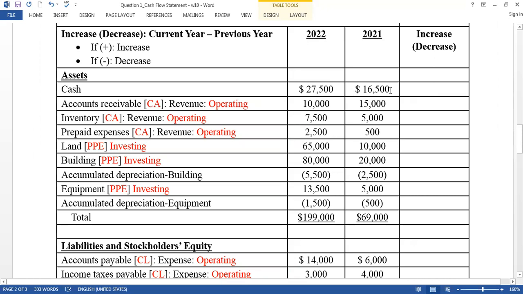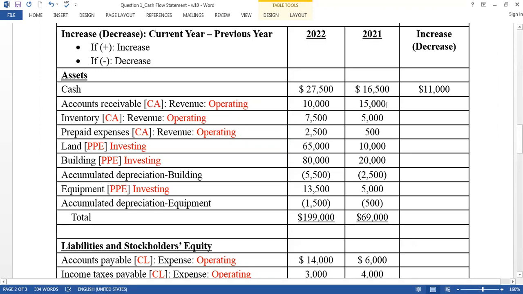Now we can see this is the previous year cash and this is the current year cash. So what is the formula? Current year minus previous year, right? So it is $11,000, and it is increased. A plus sign means it is increased.